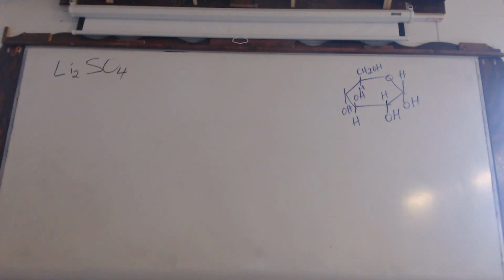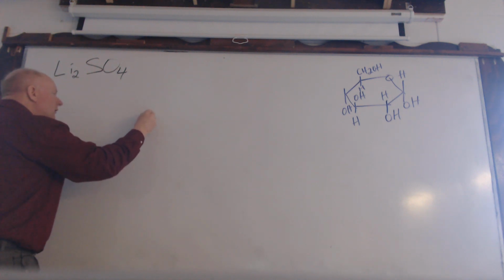So when you approach these, typically you want to start with carbon. If carbon's not present, then maybe nitrogen. Then if neither one of those are present, find the one atom in there that is the least in number in the formula. This means we've got 2 lithiums, 4 oxygens, and 1 sulfur. What is the least number of atoms? Sulfur. And what column is sulfur in?